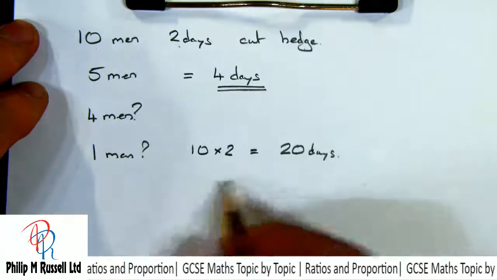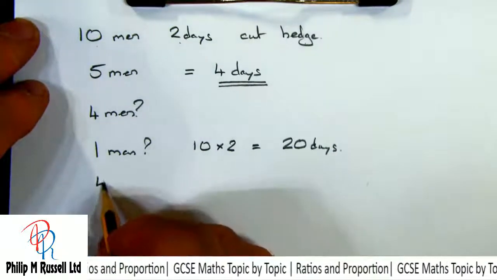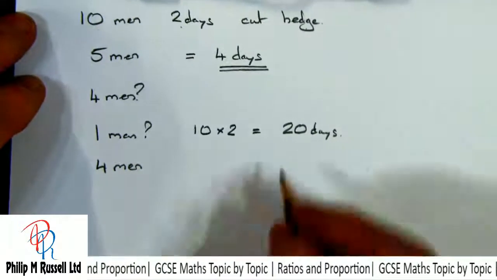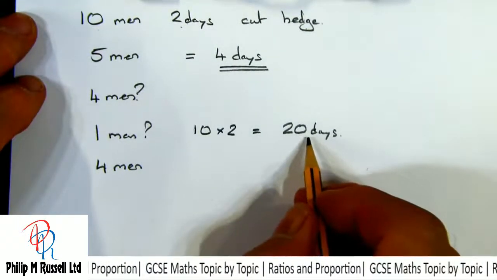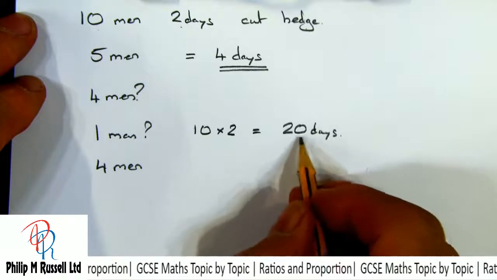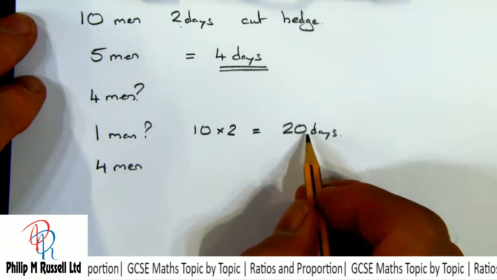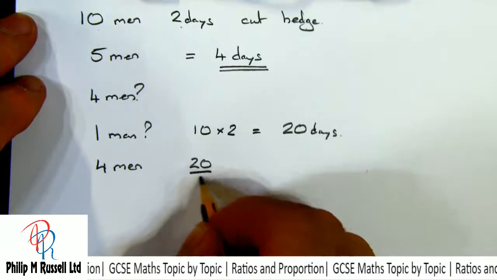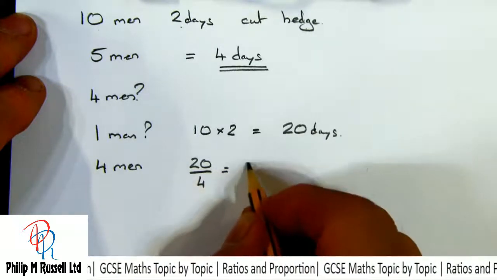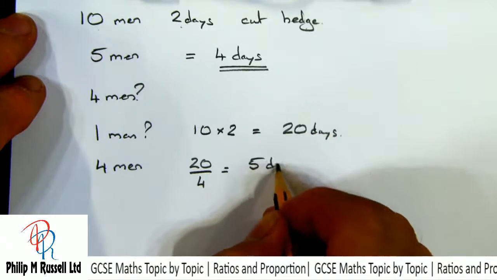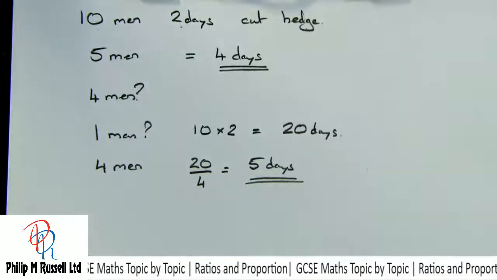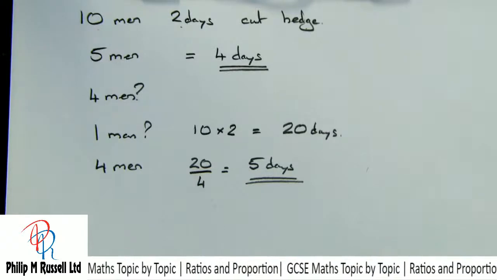If I've got 4 men, then we're going to have this number, and we're going to divide this by 4. And there we've got our answer.